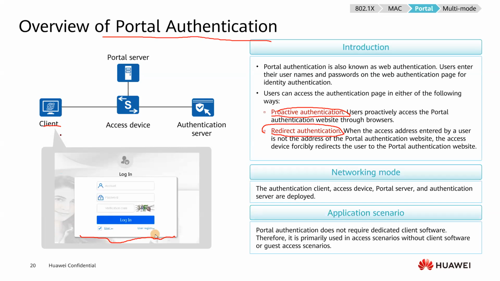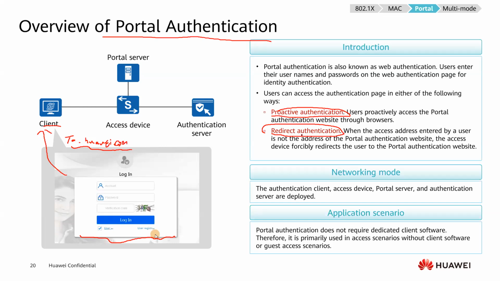When the client wants to enter, maybe, talent.huawei.com, it will redirect to the authentication page first. After the client enters the username and password and passes the authentication process successfully, it will finally get to the specific URL, talent.huawei.com. So this mode is redirect authentication.